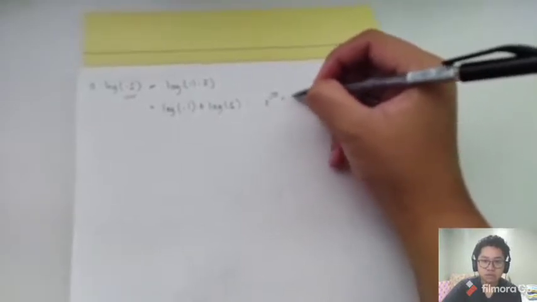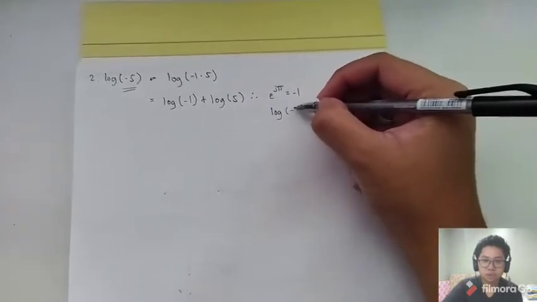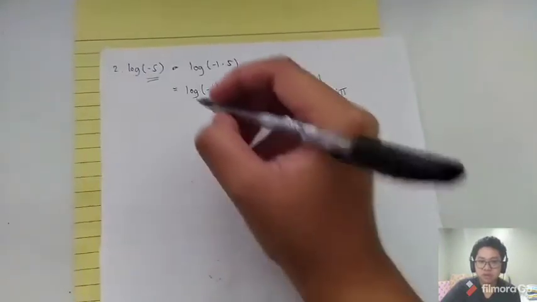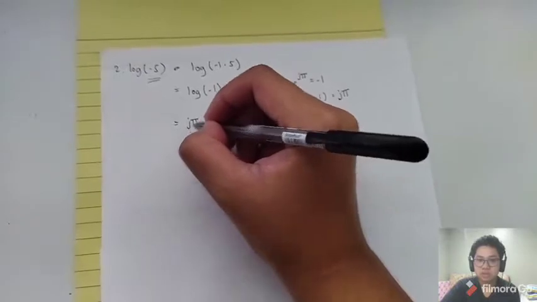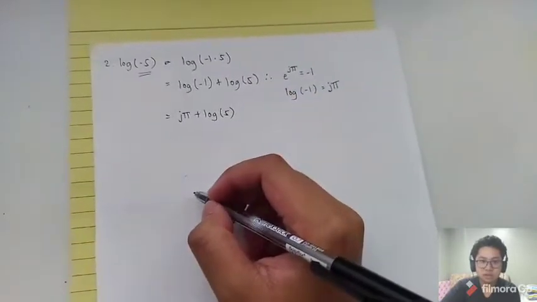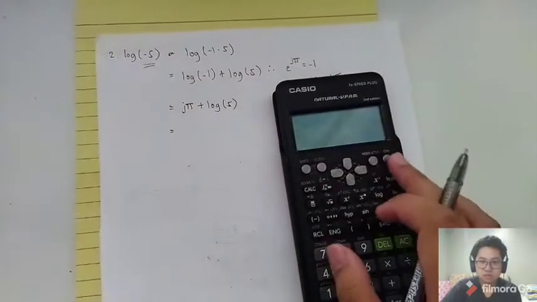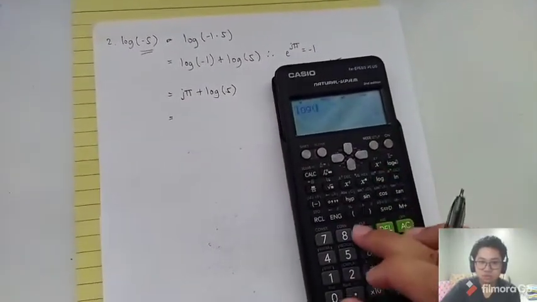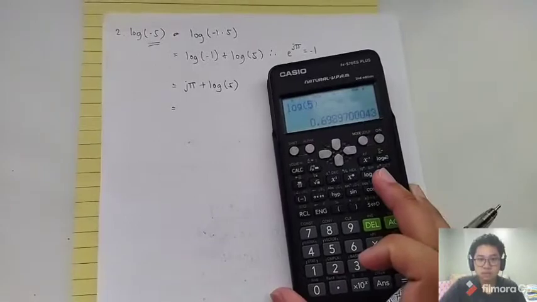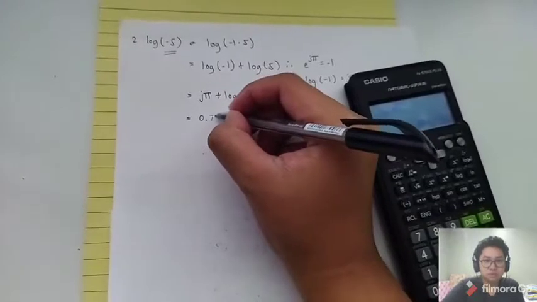But the logarithm of negative 1 has a corresponding value from the property of e raised to j pi, which is equal to negative 1. Getting the logarithm, the logarithm of negative 1 is equal to j pi. Substituting, that is j pi plus logarithm of 5, which is also equal to 0.70 plus j pi.